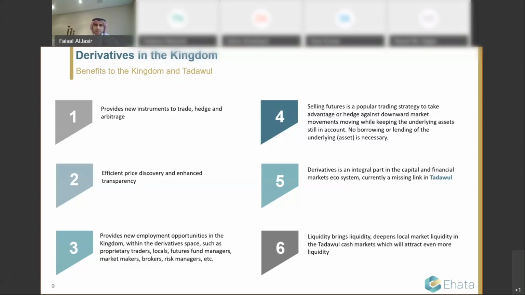An example of an arbitrager is someone who would trade a stock in two different indexes, the same stock, the same company, but in two different indexes, and one is cheaper than the other.